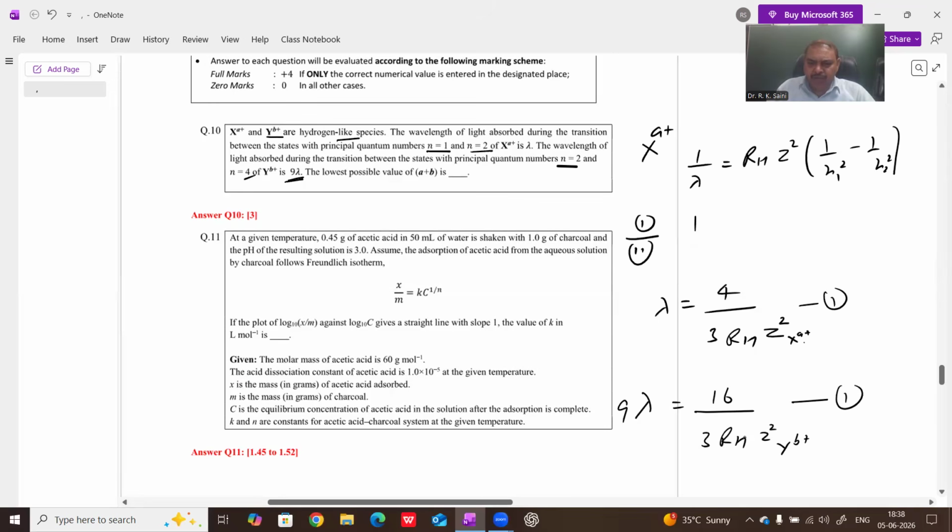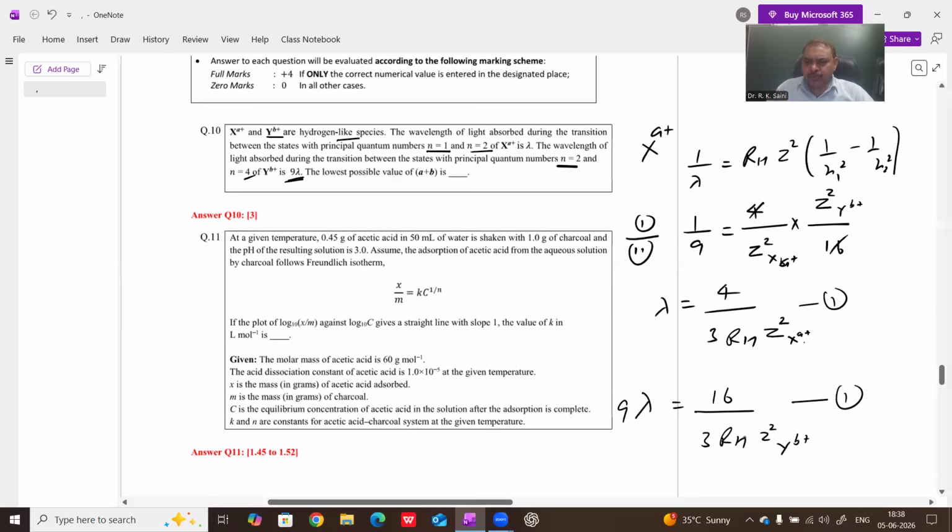Then we find 1 by 9 equals 4 upon Z square of X A species divided by 16 upon Z square of Y B species.